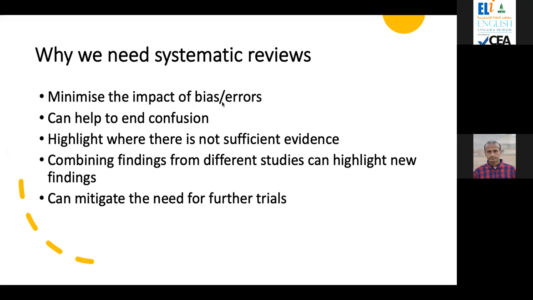So this is a very crucial criterion when we are looking into systematic reviews. It can help to end confusion, basically, because such reviews are required when there is a problem arising or confusion is being created. So this confusion can be solved or ended with the help of these reviews.